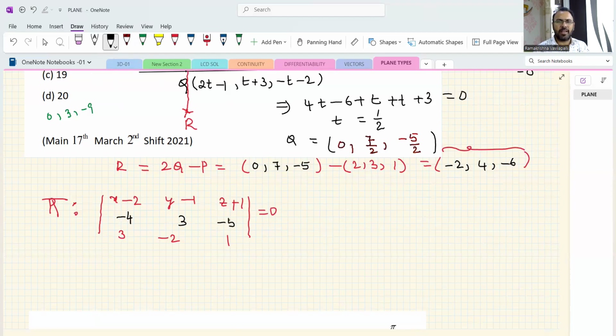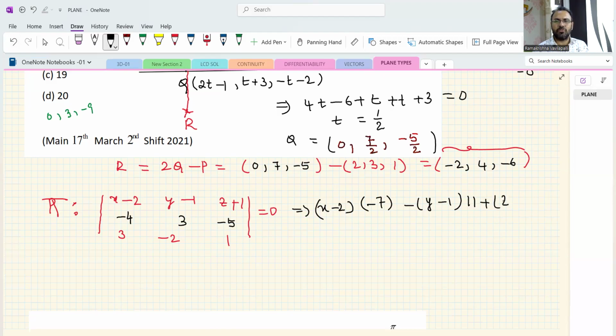This is minus 5. This implies x minus 2 into this is 3 plus 5, that is 13. Oh, 1 minute. 3 minus 10, that is minus 7. Minus of y minus 1 into, it is minus 4 plus 15. Minus 4 plus 15 is nothing but 11.